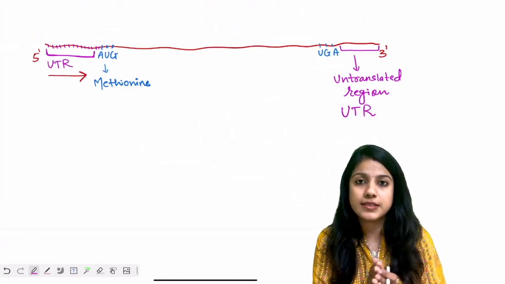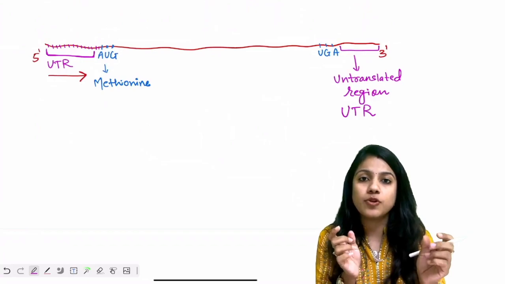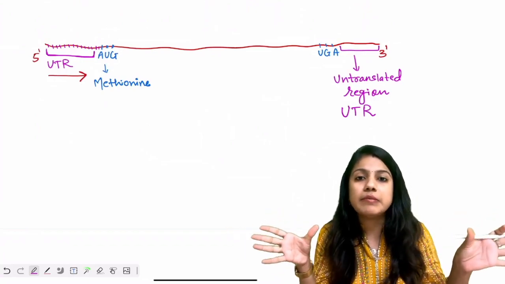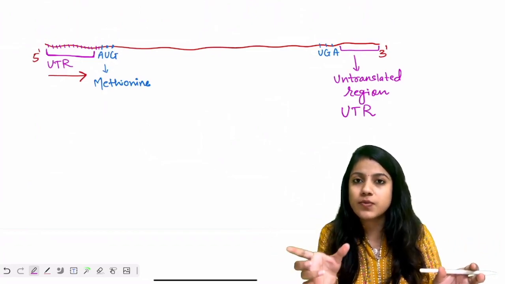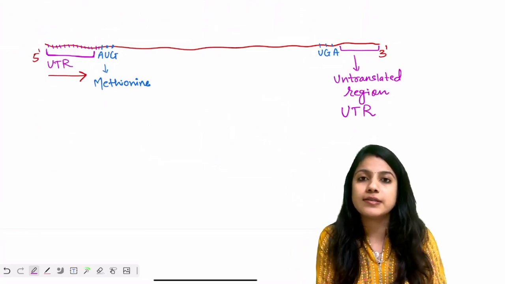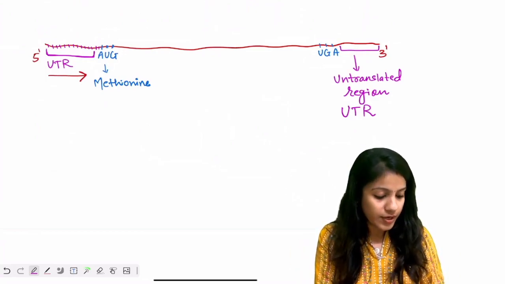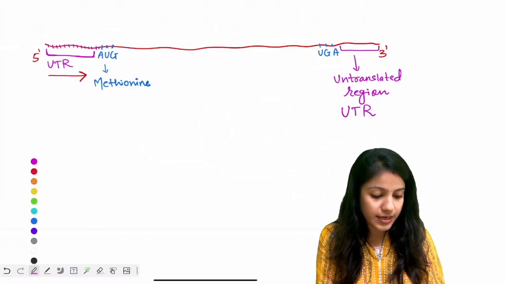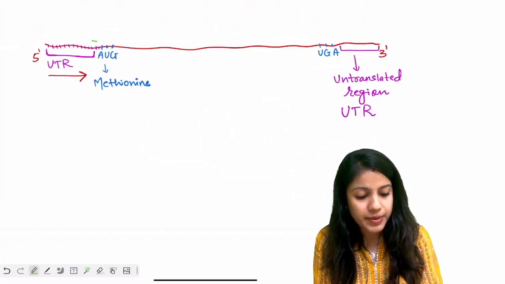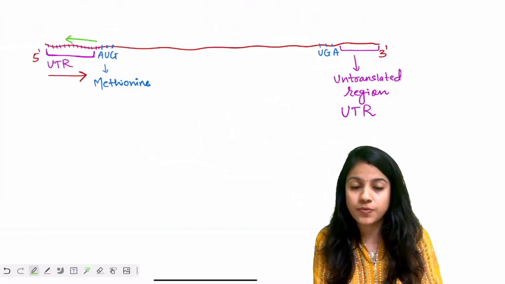Because protein synthesis needs start and stop codons. Before that also, I have drawn a small part, right? It can be a little bit large also. Whatever sequences are there, those won't help in the formation of protein. So those will be called untranslated region. But how does the ribosome recognize the position? Say for example, just 8 bases before the start codon.